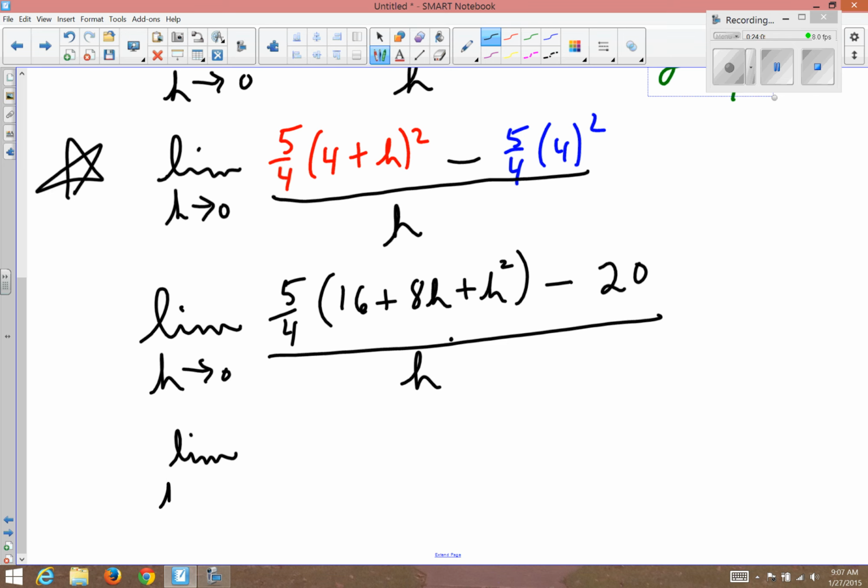Copy the limit as h approaches 0. Distribute. 5/4 times 16 is 20. 5/4 times 8h is 10h.